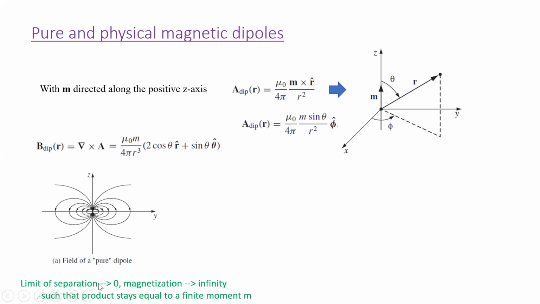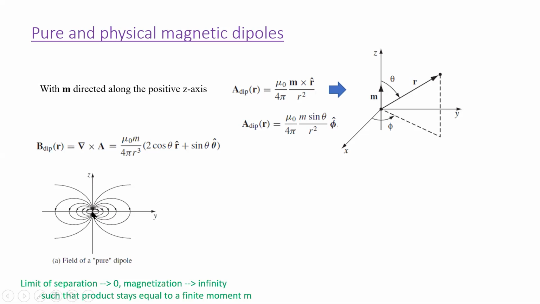So a totally pure dipole field doesn't exist in nature. But if we take a current loop and shrink it, one way to think of it is taking the separation of the two ends of the bar magnet and letting them go to 0 and letting the magnetization in the bar magnet go to infinity.